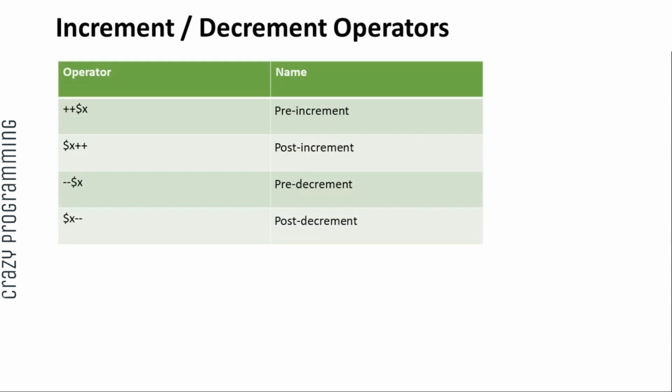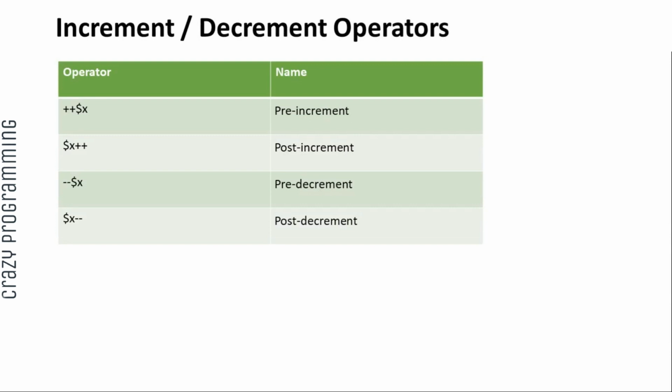so it's time for increment or decrement operators. So what are increment and decrement operators? So how to use them? Let's divide it into 2 parts, that is operators and name. The first one is plus plus and the variable name, that is x.